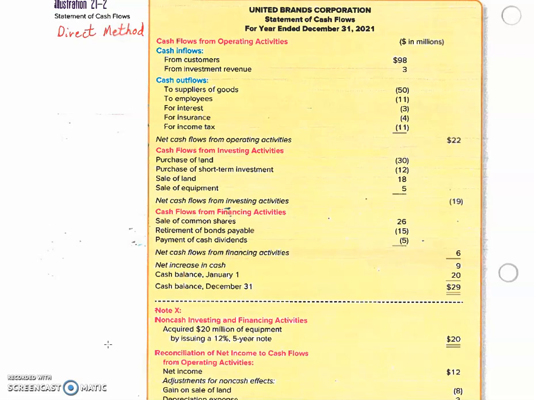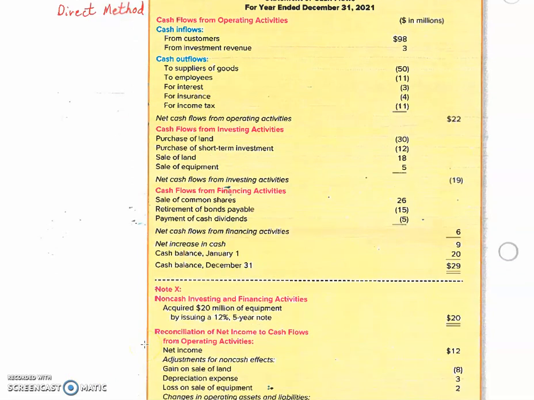The other 495 use the indirect method. Now, your book talks about why that is. There's a couple of simple reasons. Number one, and I think the most important, is if you use the direct method, the preferred method, you also have to do the indirect method. If you do the indirect method, you don't have to do the direct method at all.